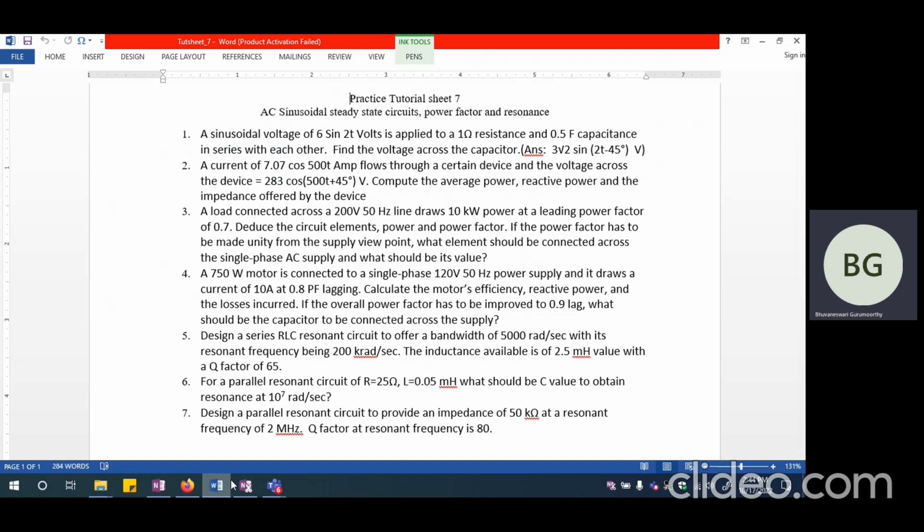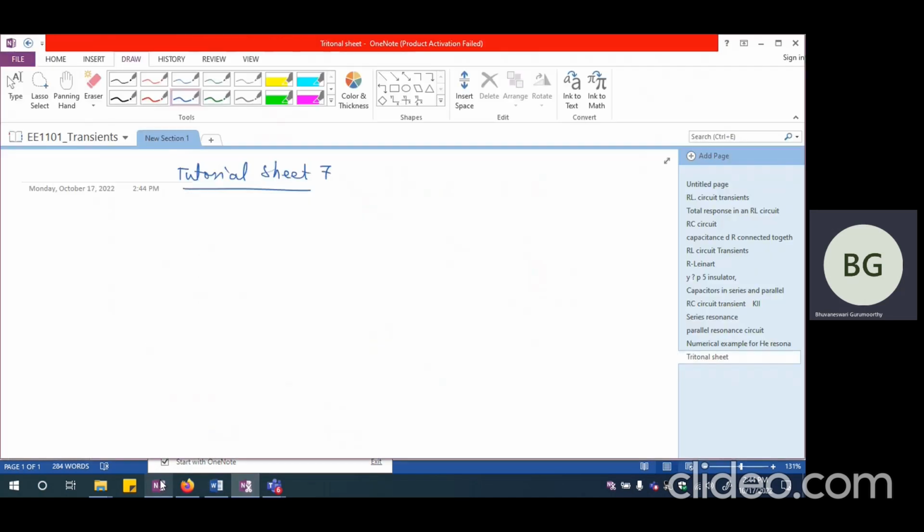So what is the voltage across the capacitor? That's what we need to determine. So this is problem number 1. The source is 6 sine 2t, and we have a resistance and a capacitance. They are in series.